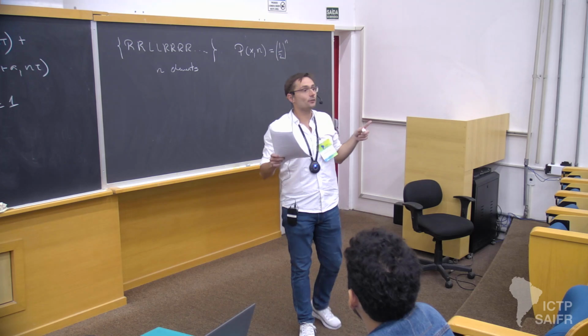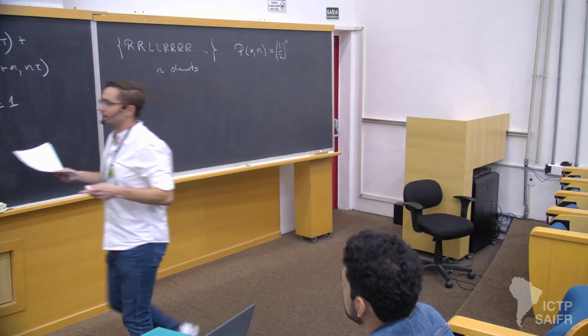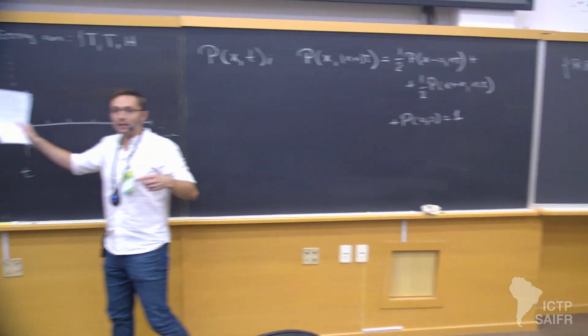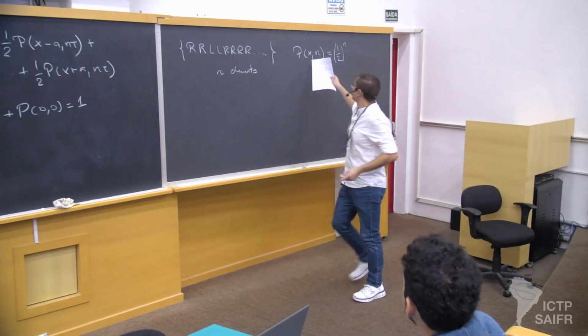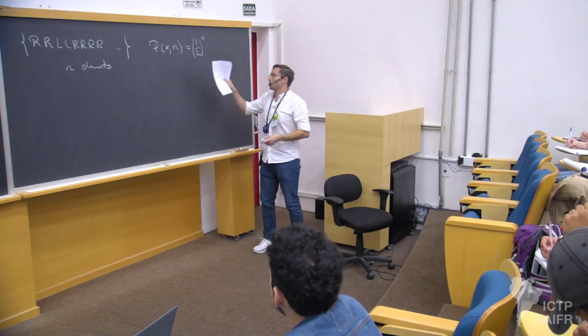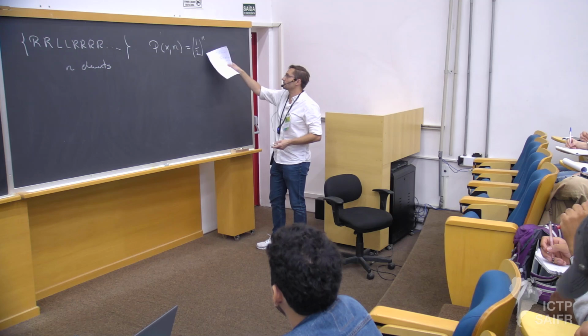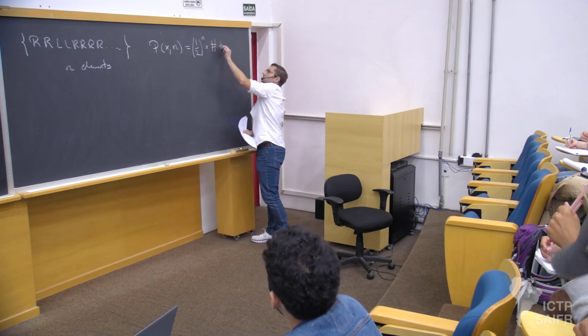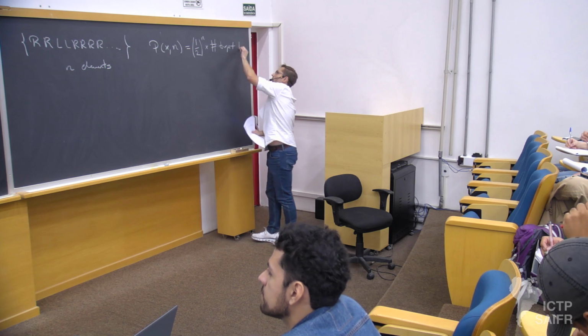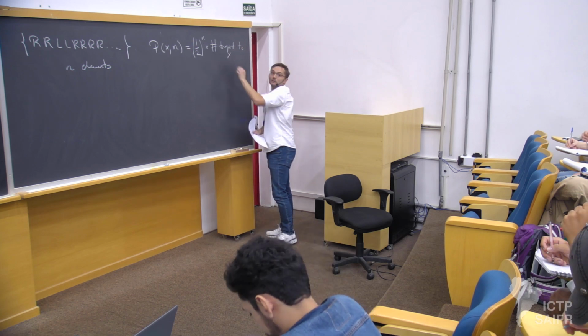But now I need to take into account that I can go from 0 to x in many different ways, right? So the probability that I get x after n steps is the probability of one of the trajectories times the number of trajectories that will take me to x.